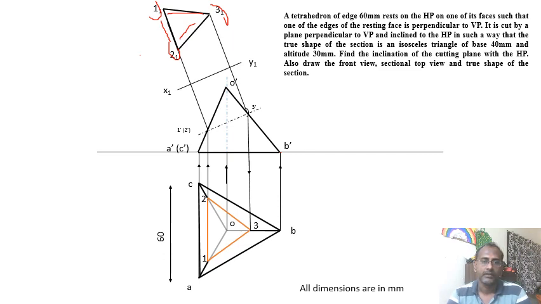The shape of this isosceles triangle will be such that 1 suffix 1, 2 suffix 1 will measure a length of say 40 mm. That is very important because that is what is given here, base is 40 mm.